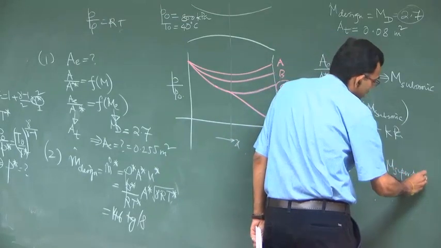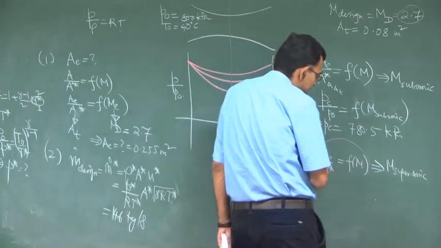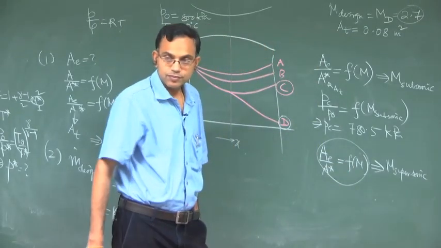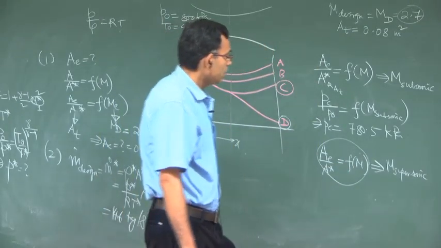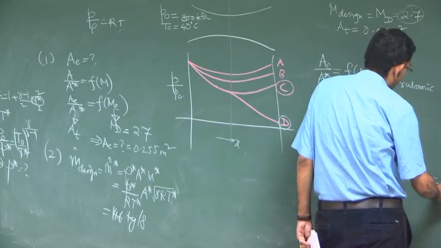In fact, you already know what is M supersonic, it is given as a part of this problem. So, this exercise is not necessary. So, M supersonic is 2.7.